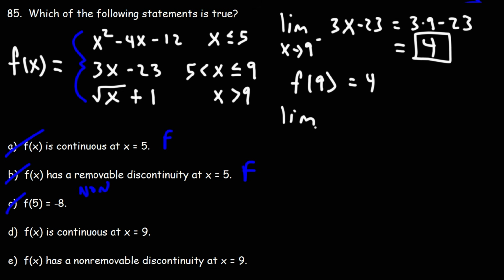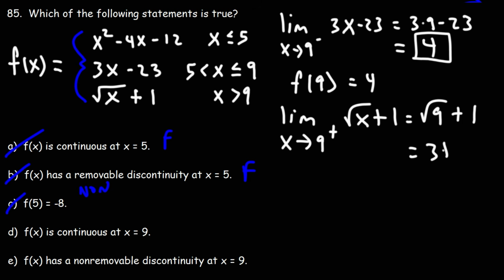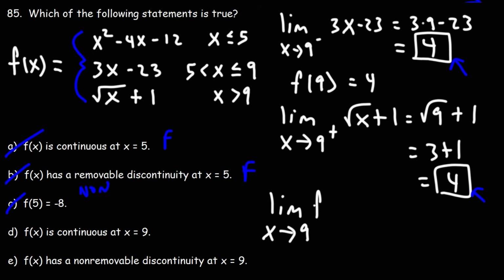Now let's check the right-sided limit as x approaches 9 from the right. So greater than 9, we need to use this. So that's the square root of x plus 1. So the square root of 9 plus 1. The square root of 9 is 3. 3 plus 1 is 4. So the left-sided and the right-sided limits match. Therefore, the limit as x approaches 9 of f of x is equal to 4, and that also equals f of 9.